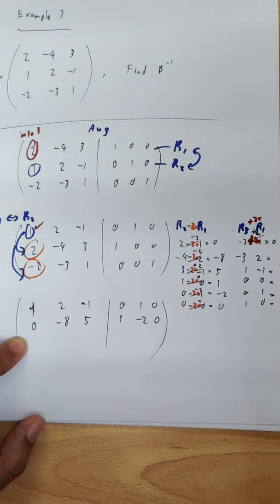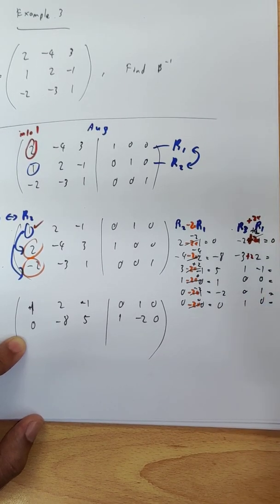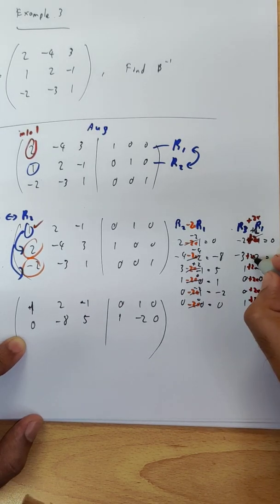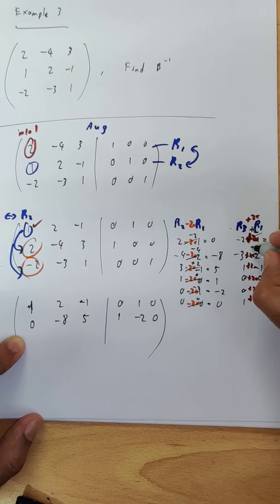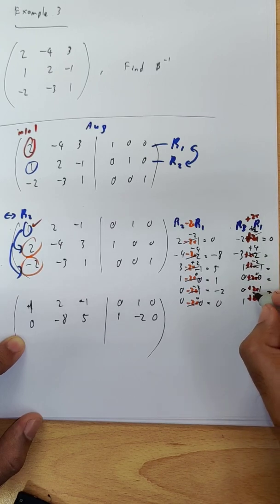So now let's continue the process. -3 plus 2 times 2, plus 4, plus 2 times negative 1, negative 2, 2 times 0, 0, plus 2 times 1, plus 2, plus 2 times 0, remains 0.